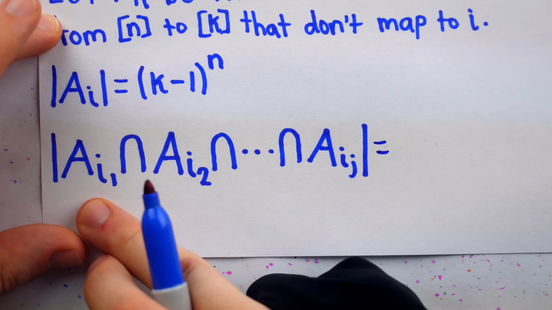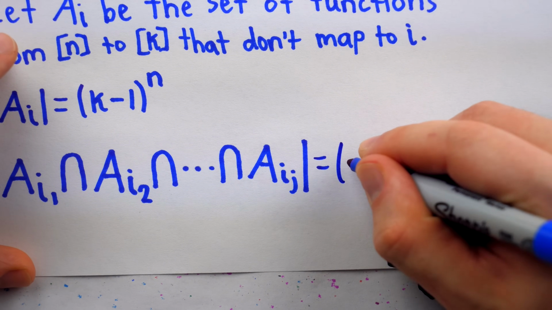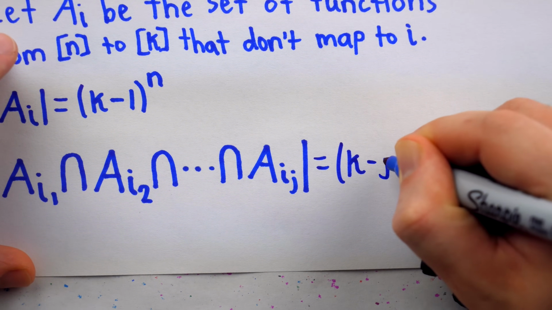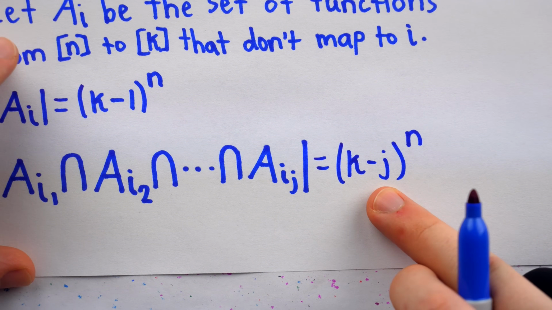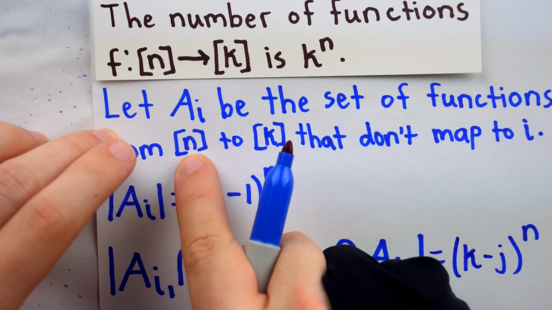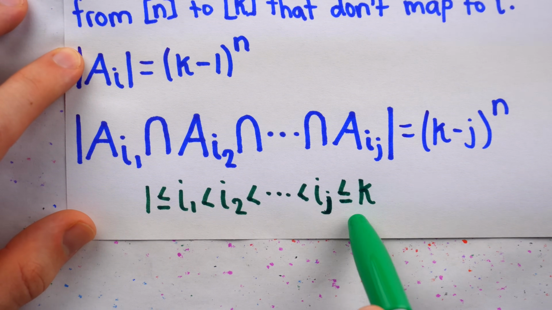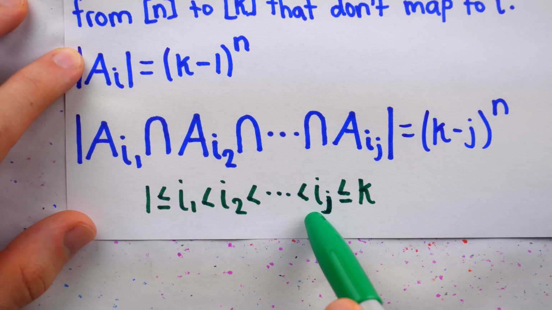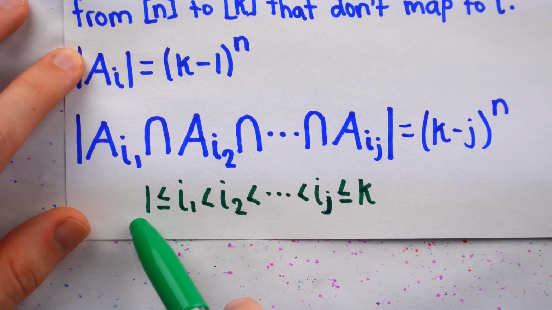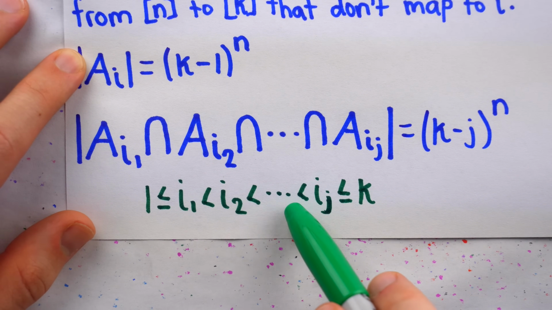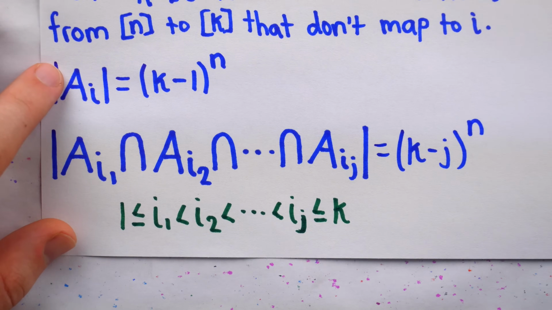So the total number of functions in a j-fold intersection like this would be k minus the j forbidden elements to the power of n, k minus j choices for each of the n elements from the domain. And I may want to specify this about those indices i1 through ij. They're all at least 1, that's the smallest number that could be excluded, and they're all less than or equal to k because that's the biggest number that could be excluded.